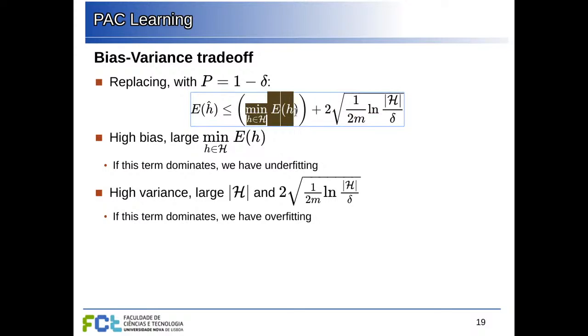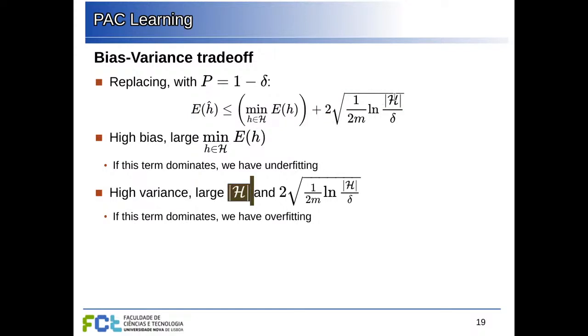So they have a true error that is very small, but now they are hard to find because there are many hypotheses that work well with the training set, and now this term starts dominating because those that we find by minimizing the empirical error may not be close to the best ones when we look at the true error. So this is what happens when we have high variance.